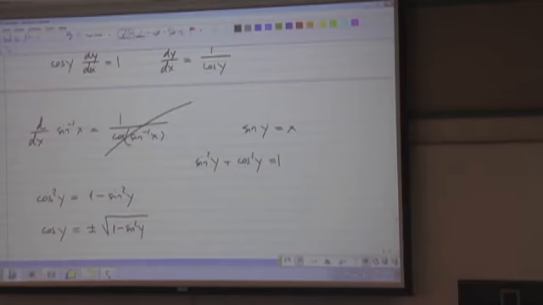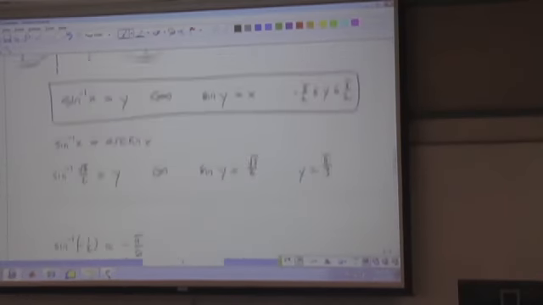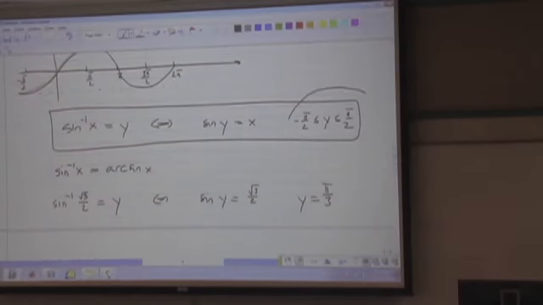Now, plus or minus, the idea is y lives between minus pi over 2 and pi over 2. Cosine of y will be always positive. Right? Everybody remembers this? Cosine is positive in the fourth and the first quadrant.